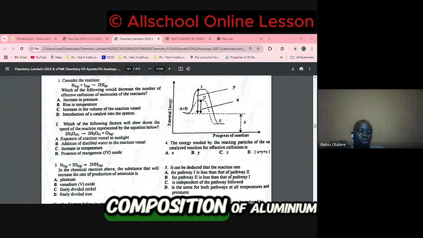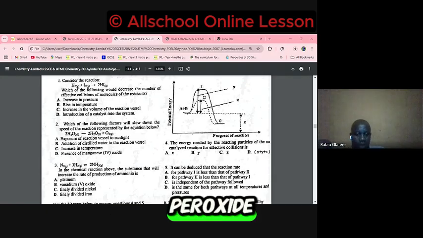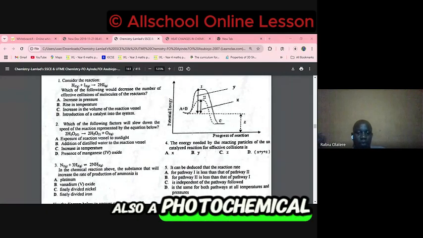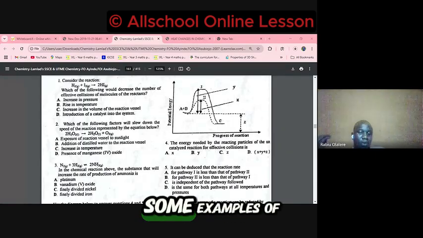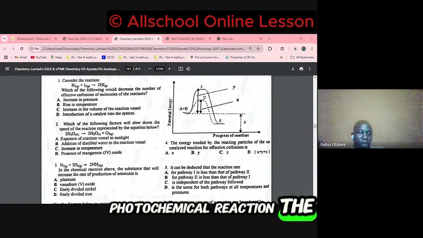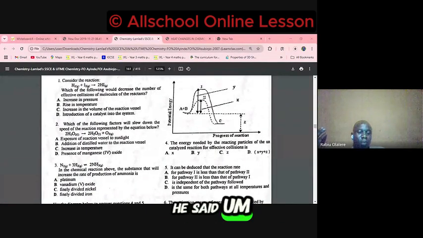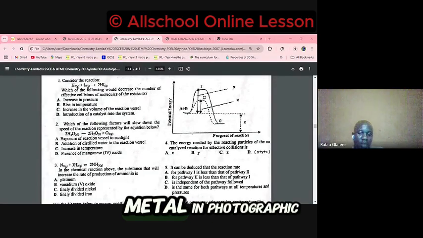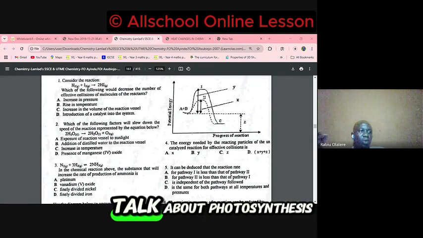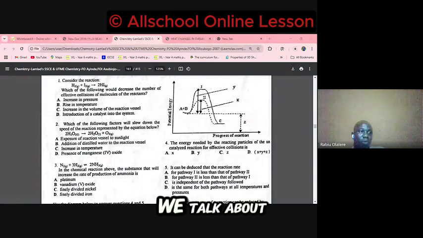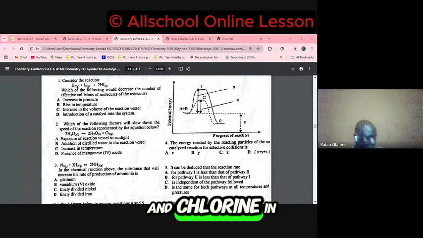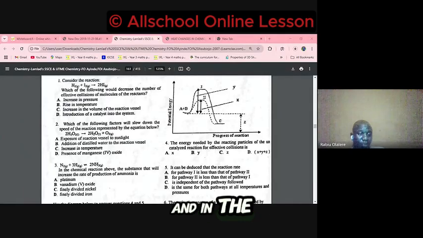This is the decomposition of hydrogen peroxide. The decomposition of hydrogen peroxide is also a photochemical reaction. I gave us some examples of photochemical reactions the other time. We said conversion of silver halide to silver metal in photographic film. We talked about photosynthesis. We talked about the reaction between hydrogen and fluorine, which needs the presence of light.